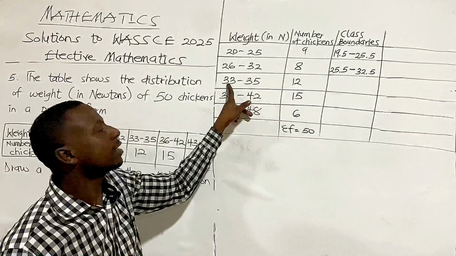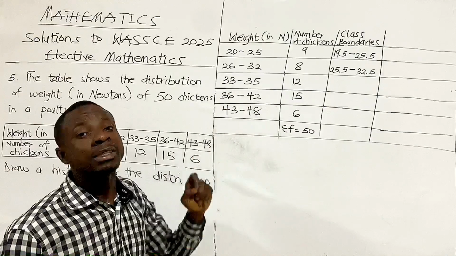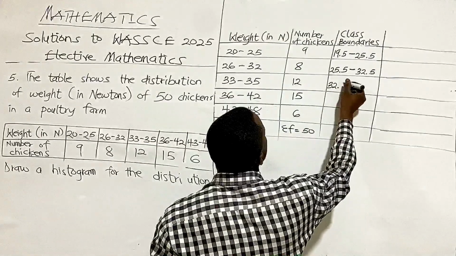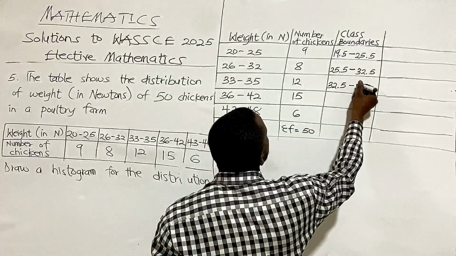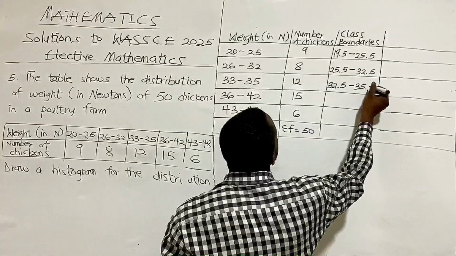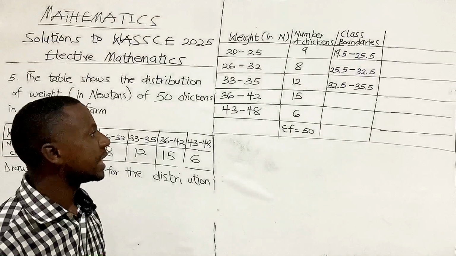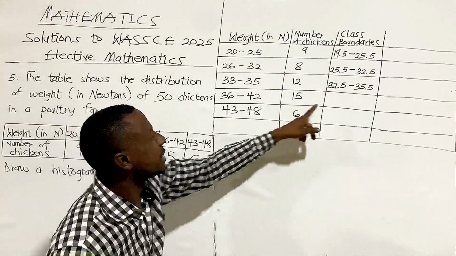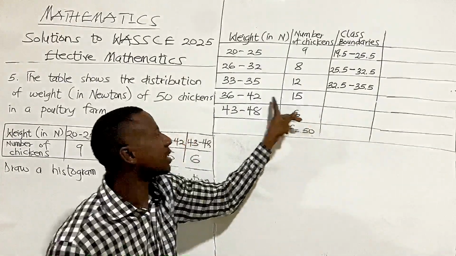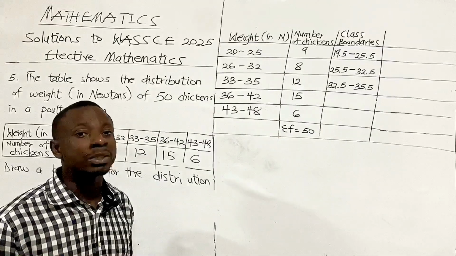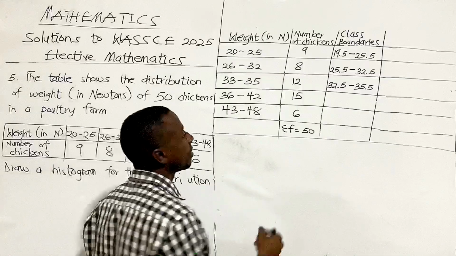And when you check 33 minus 0.5, we have 32.5 to 35.5. Very simple. Then this same 35.5 will start here, even when you check 36 minus 0.5, we still have 35.5.